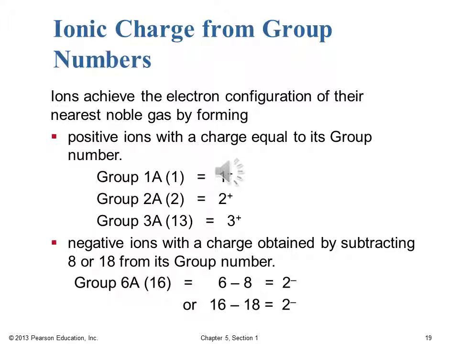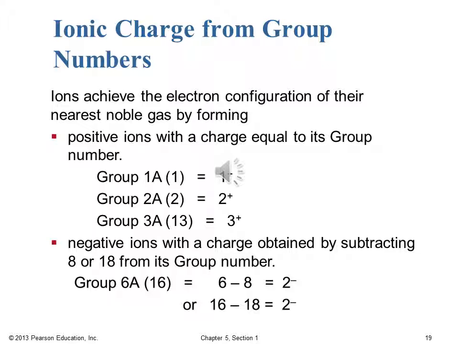If we're dealing with the negative ions, things get a little trickier, because even if you're using the A nomenclature, you've still got a slightly more difficult math problem ahead of you. The anions, the negative ions, tend to form by gaining enough electrons to get to a total of 8.